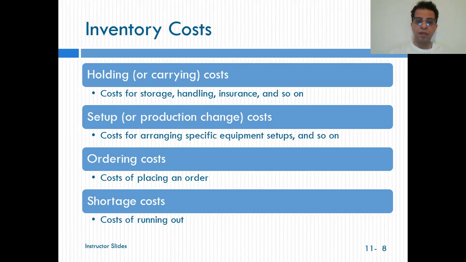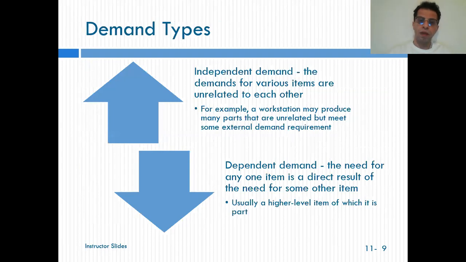Then you have the setup or production change cost, the cost for arranging specific equipment setup, and so on. Then you have the ordering cost, which is the cost of placing an order, and the shortage cost, which is the cost of running out of stock in the warehouse.